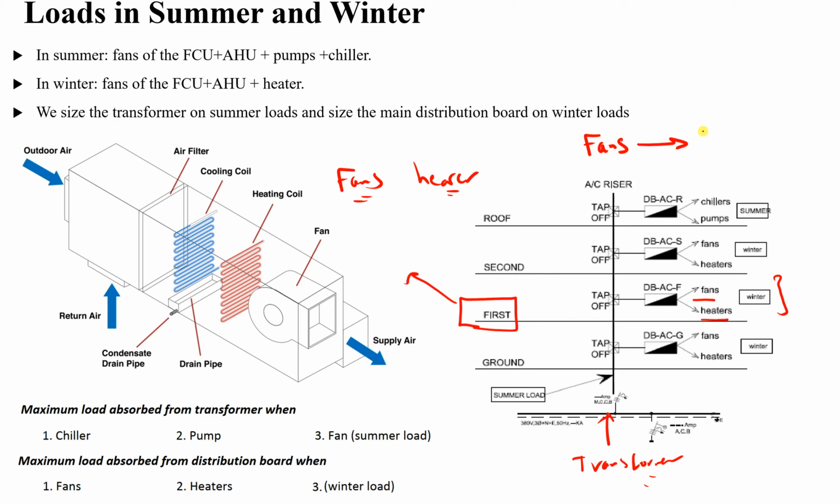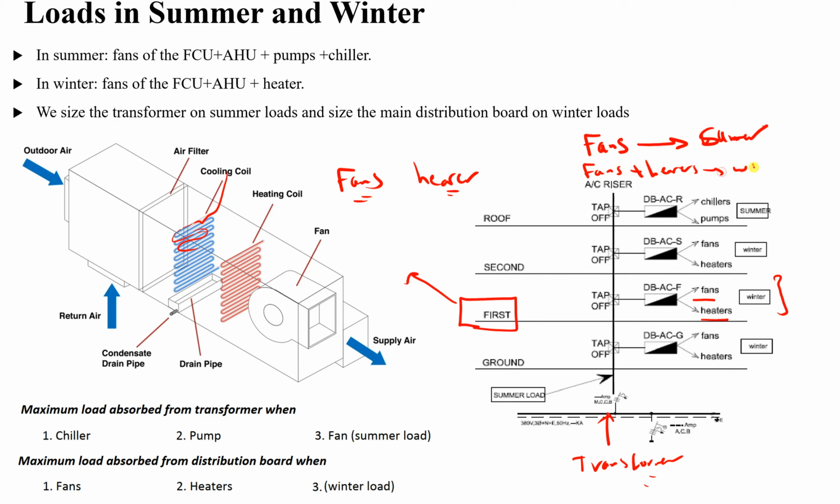In summer, because we get the cold water from the chiller, and then we use a fan just to provide cold air. However, in winter we use fans and heaters.